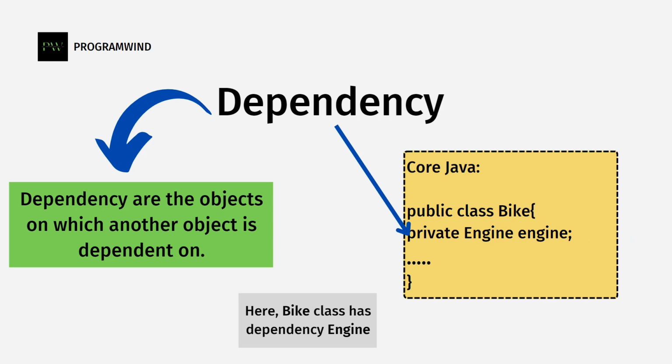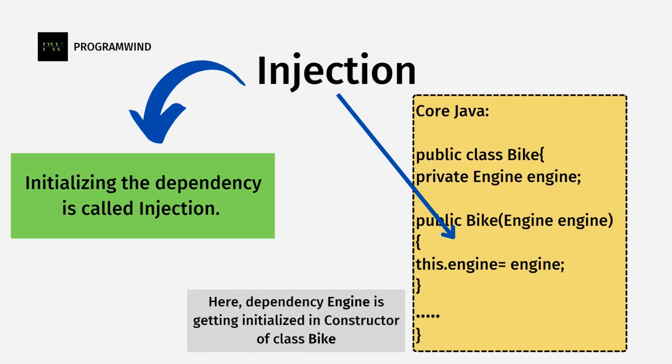Now we need to understand what is injection. Injection is simply initializing those dependencies. If you have to give any initial value to it, then that is simply called injection. Let me go through the same core Java example here. I have this class Bike, and inside of it I have declared a reference of class Engine.